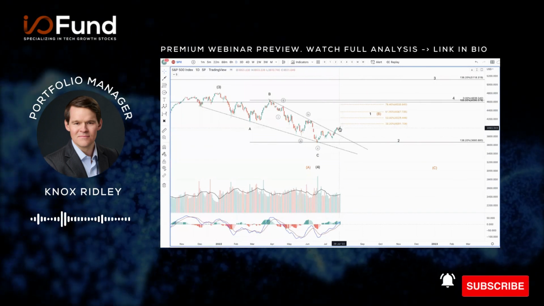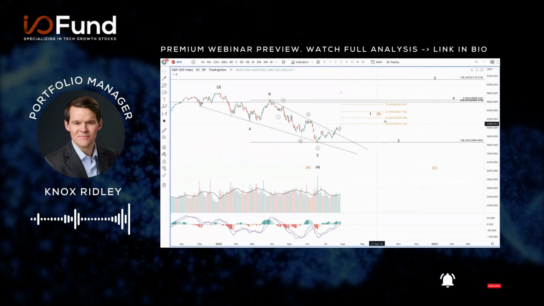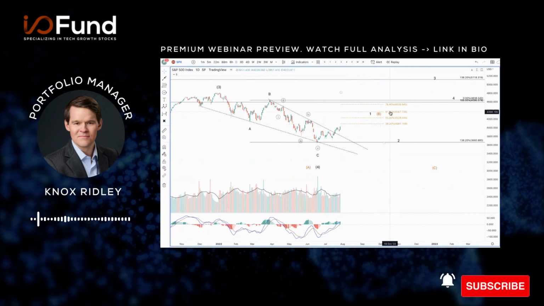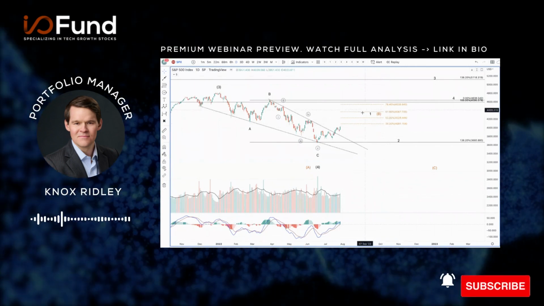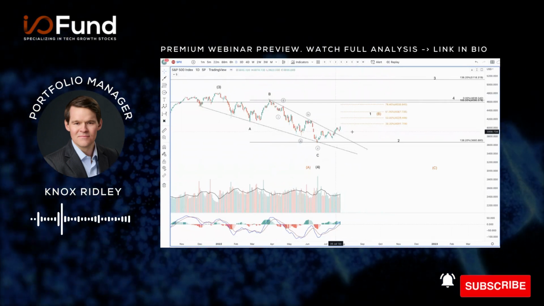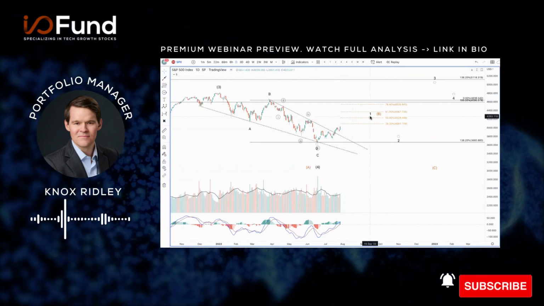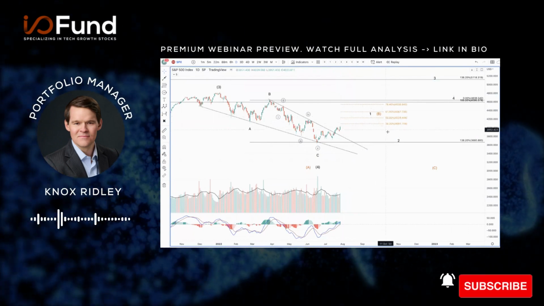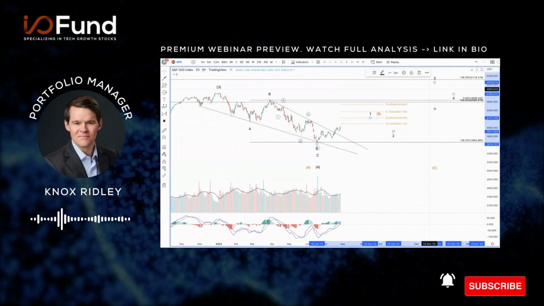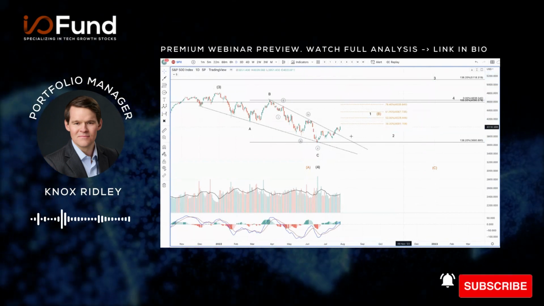We really won't know if that's playing out until we get up into this 4,100 to 4,350 range in the S&P 500. But this breakout of this downtrend channel tells me that either that's playing out, and then we're going to try and make a higher low, followed by a bigger move to new highs.